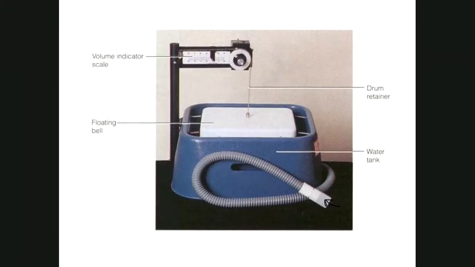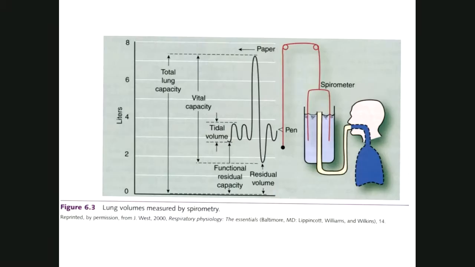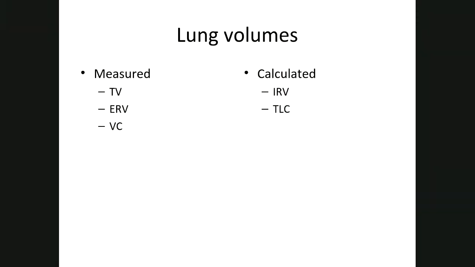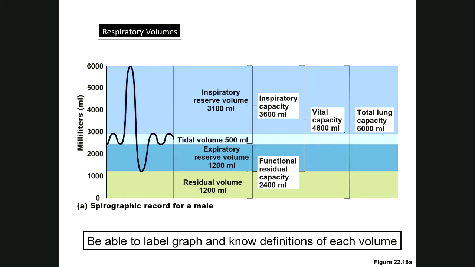And as you breathe, this thing goes up and down, and this moves, and we can measure how much it moves, and we can produce a graph as we breathe in and out, and so on. This graph is called the spirometer, and what we get are a bunch of different volumes, and these volumes can be measured.